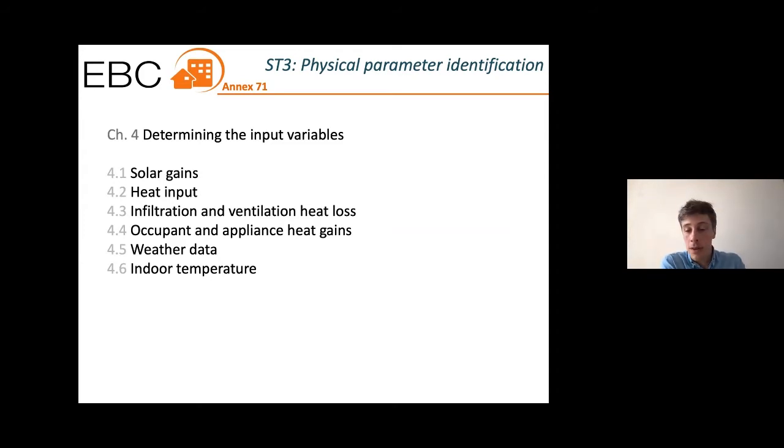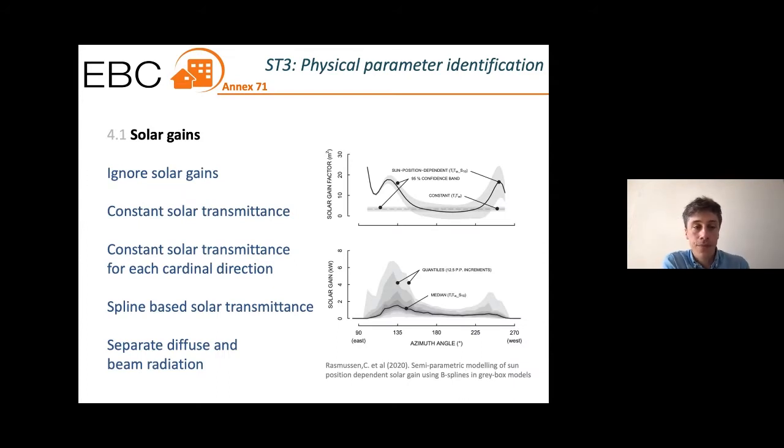It looks at first at solar gains. For each of the input variables that we look at here, we have some approaches that we look at in detail. The first approach for solar gains would be to not include it in the model, so to neglect its impact.